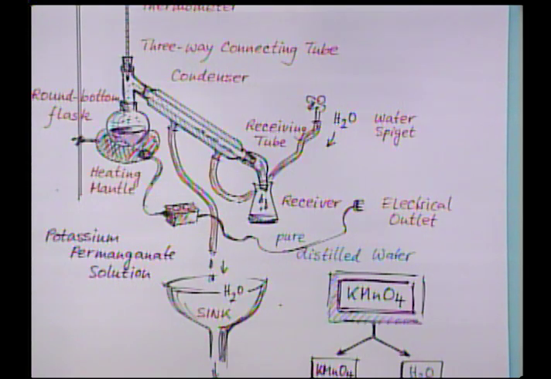So distillation can also be used for the separation of miscible liquids. However, there are some liquids that cannot be separated. These are called azeotropes. So one has to use some tricks to separate them out, like adding another chemical.